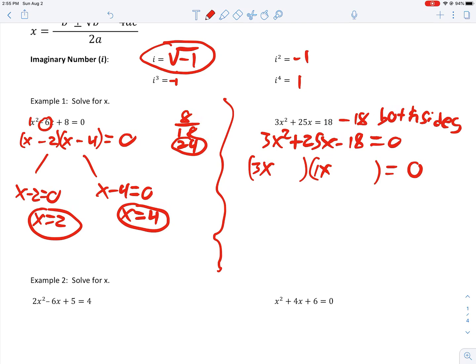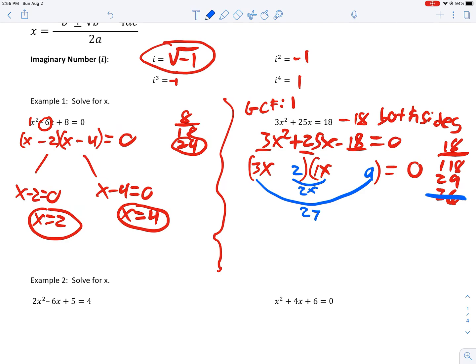Good thing is 3 is prime, so 3x and x. Now factors of 18: 1 and 18, 2 and 9, 3 and 6. Now, the GCF for 3, 25, and 18, because we want to keep remembering that we're trying to factor it, is 1. So that's going to eliminate some of my choices. For example, I know I can't use 3 and 6 because then I'd have a GCF other than 1. So we can try 2 and 9.